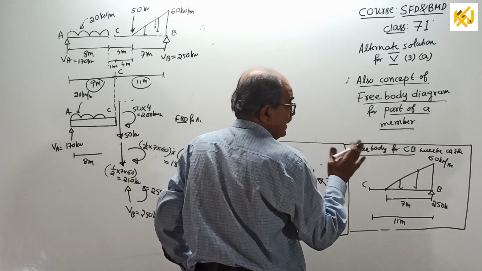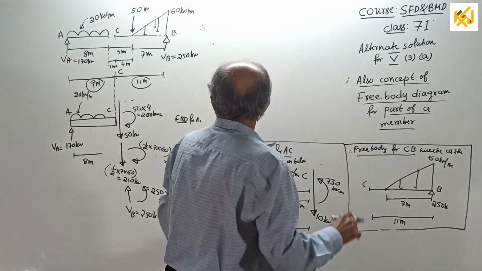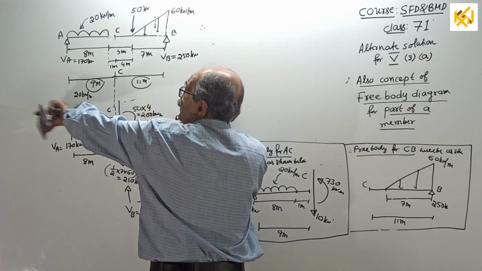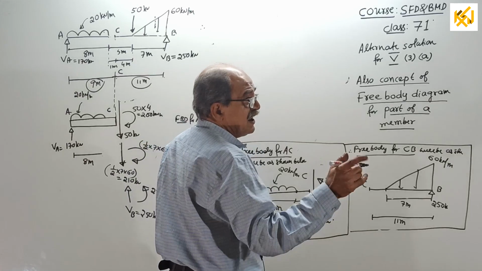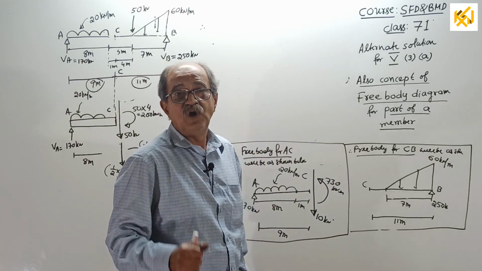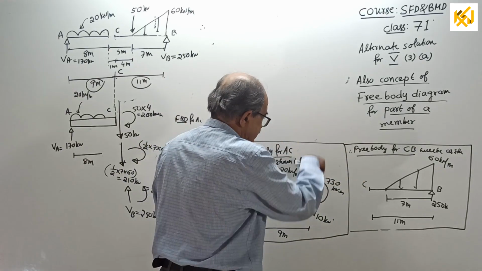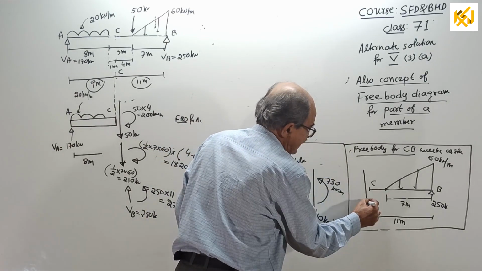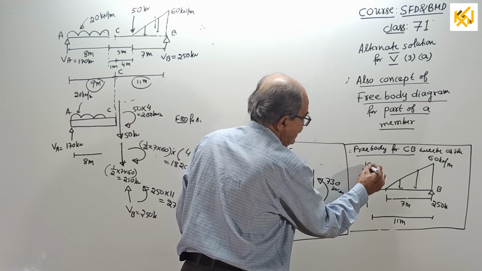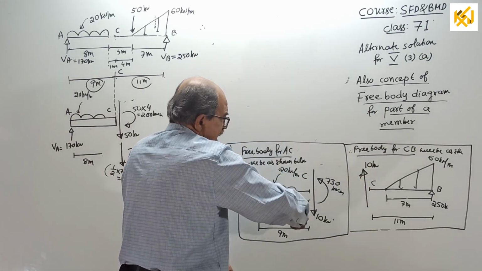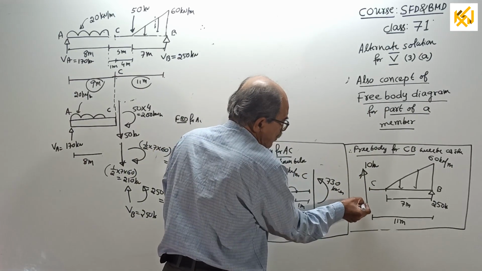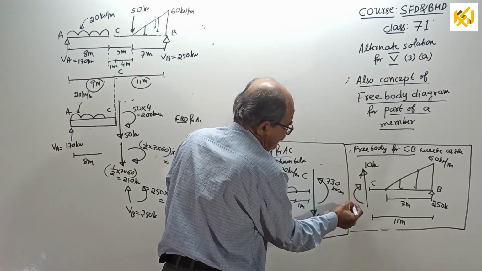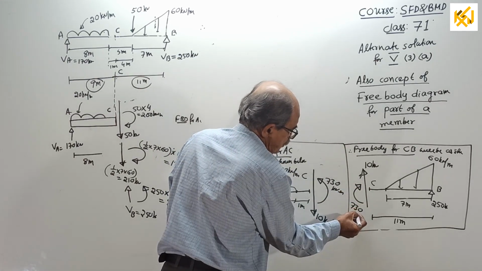Now from this side, see, 1 minute. If you want free body for BC, you have to look at this side. But I will write the answer without seeing that side. Confidence. See, if this is down 10, 100% it is up 10. Guaranteed. If it is anti-clockwise 730, without seeing, it is clockwise 730 kilonewton meter.